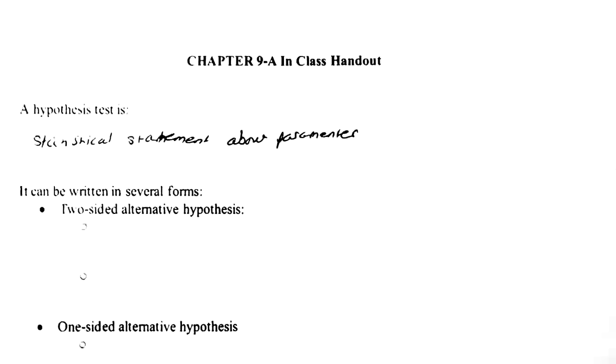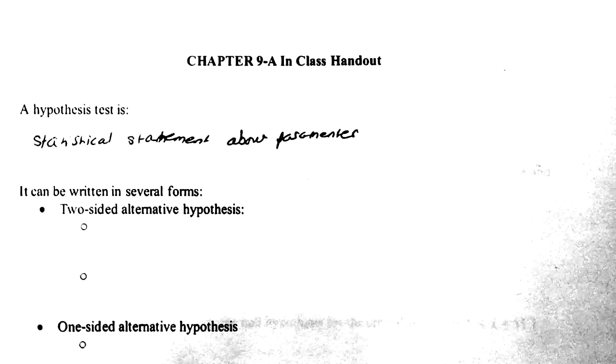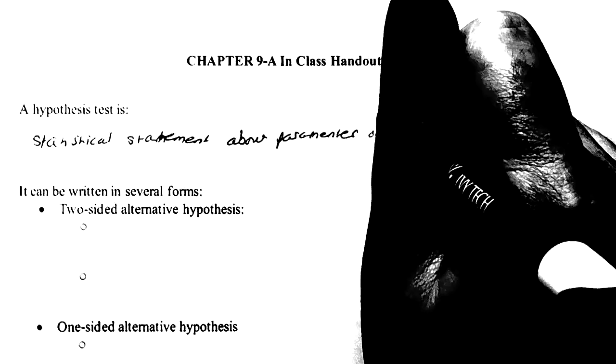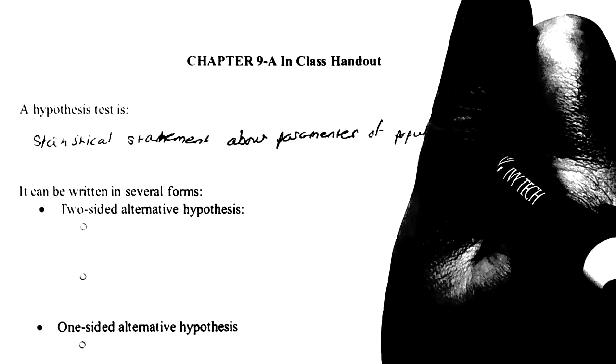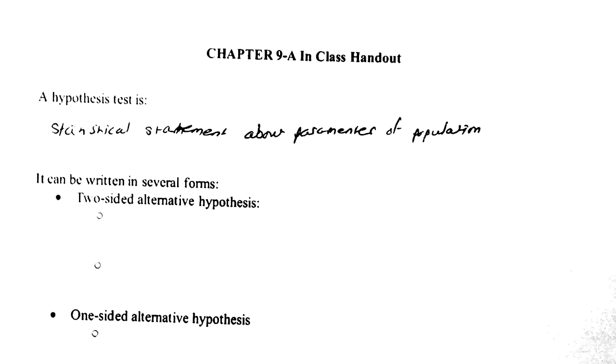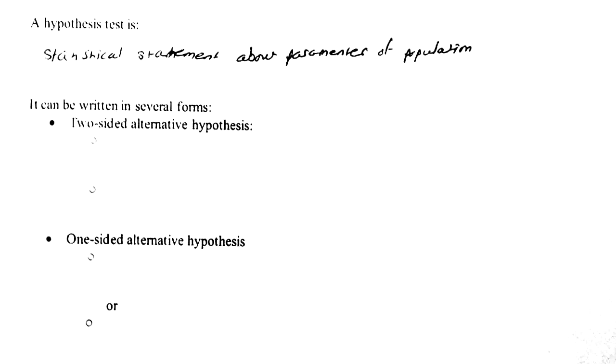So statistical statement about a parameter, and it's for a parameter of a given population. And that's important, that our statistical testing is always being done about a population, and we're comparing a sample to that given population. And so when we are doing a hypothesis, we can do it in two ways.